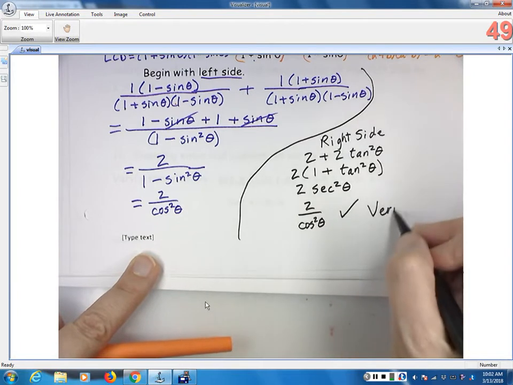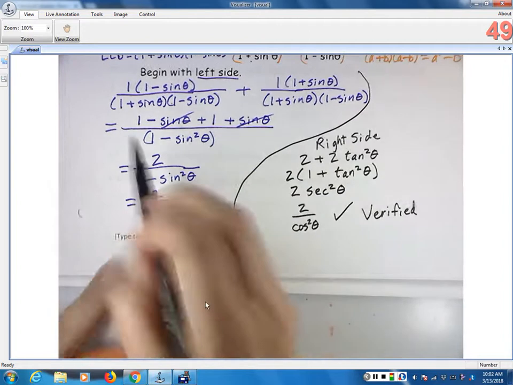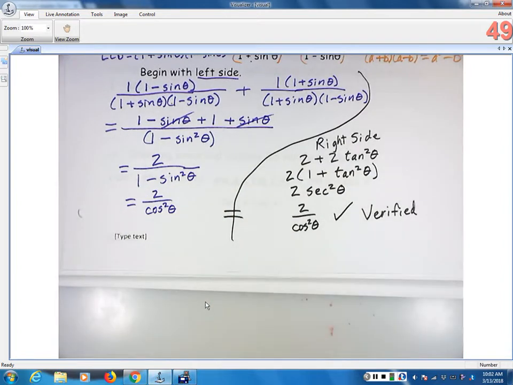Verify. We got the left side equals the right side. That is much easier than the filled-in notes. Yes, that is easier. I had to do a lot of manipulations when I changed it to sine squared theta over cosine squared theta. Yeah, this was much easier.